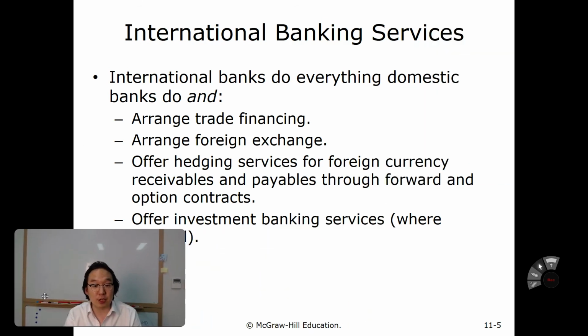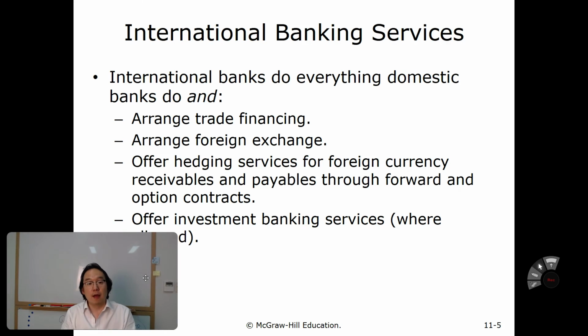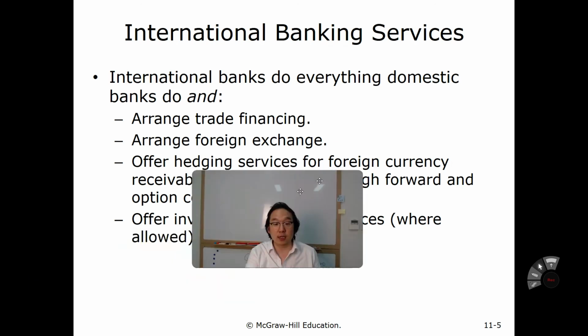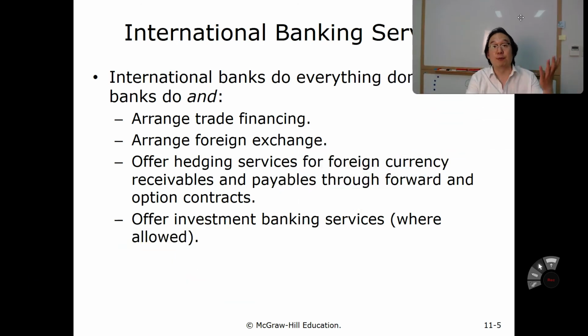Now, international banking services, right? International banks do everything domestic banks do, plus they arrange trade financing, helping import and export, right?